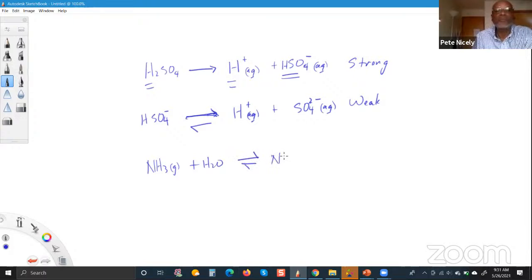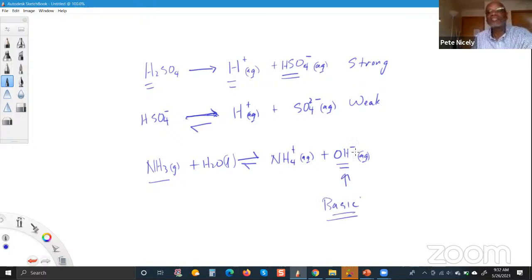It forms NH4 plus, aqueous, plus OH minus, aqueous. So because the hydroxide ion is being produced when ammonia is added to water, this is liquid, then basically, because this is produced, that makes the solution basic, all right?